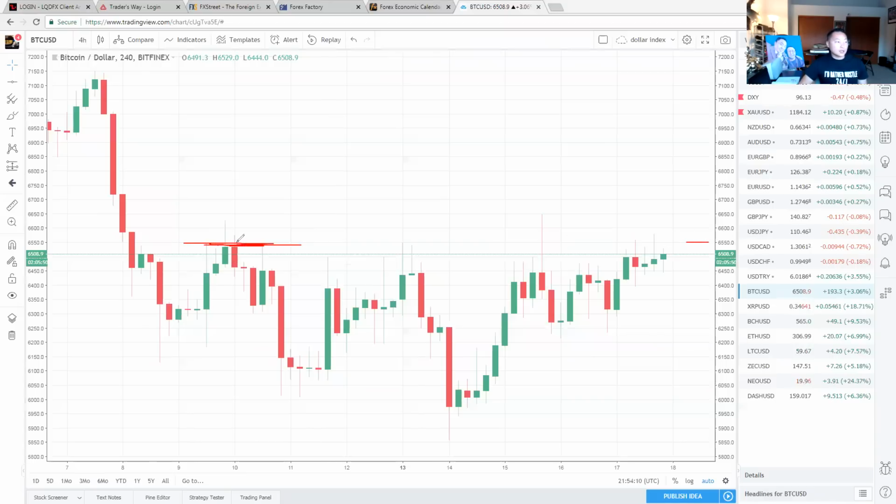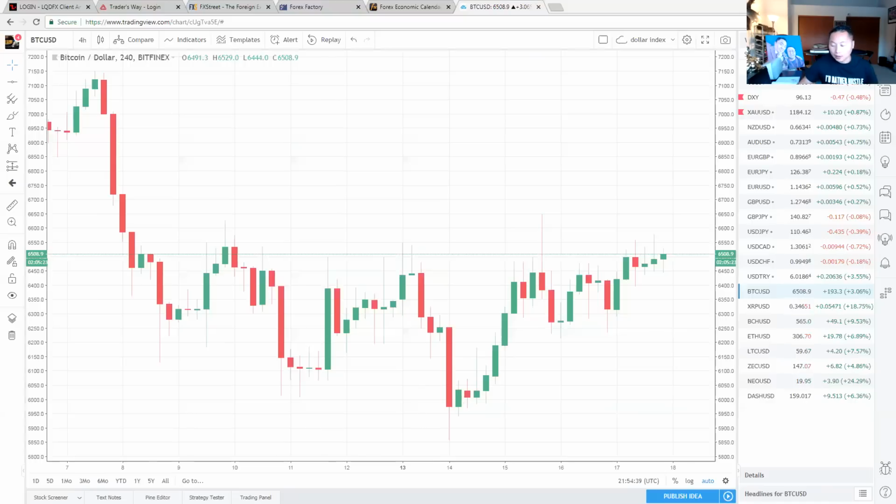If it doesn't break above, it's going to create resistance, and that is my clear confirmation of selling it back to 62.5, that's 6,200, and then 59.5. That's it.